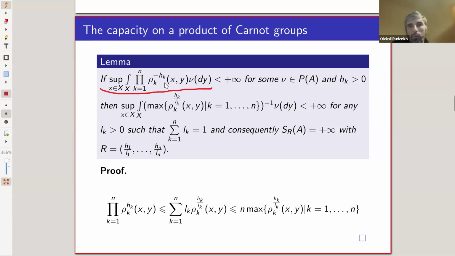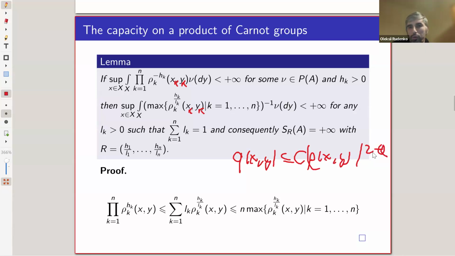In the place of the potential, I have this product of different coordinates, with x_k, y_k. Typically we have that q(x,y) is estimated by rho(x,y) to the power 2 minus q.